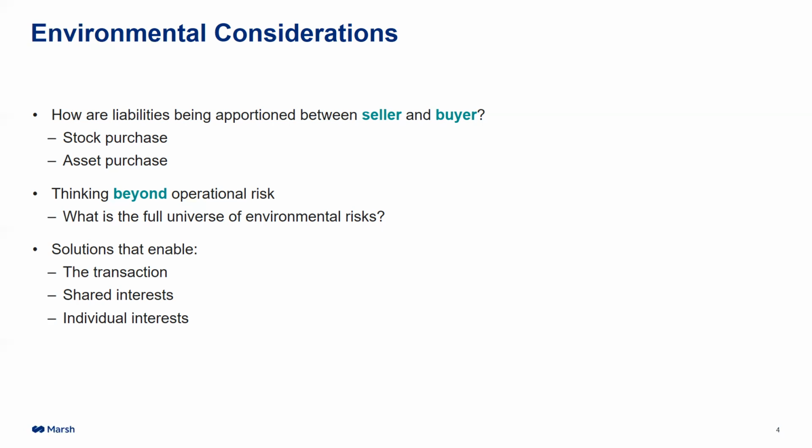But also very important to understand that at a high level, it's either stock or asset, there's a lot of times exceptions built into the deal around environmental. So understanding those, understanding if there's environmental indemnifications in place, if there's prior indemnities from prior deals, how are those being apportioned or reassigned to the benefit of either party within the deal?